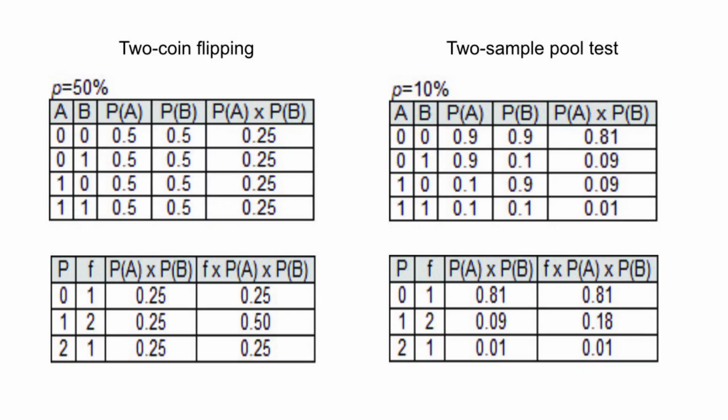This is where the prevalence rate comes in. The prevalence rate is the proportion of infected persons in a population. Say it's 10%, then the probability of a positive sample is only 10% and a negative is 90%. The distribution is uneven. There is an 81% chance that we have all negative samples.